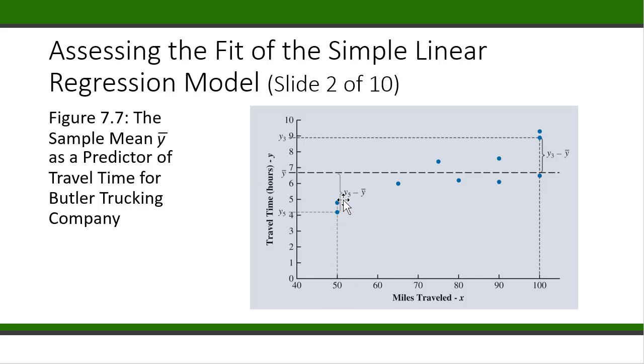So y sub 5 is this amount minus y bar, which is 6.7. We can see that it over predicts by a whole bunch. And then if we see y sub 3, we could see that it under predicts by a whole bunch.